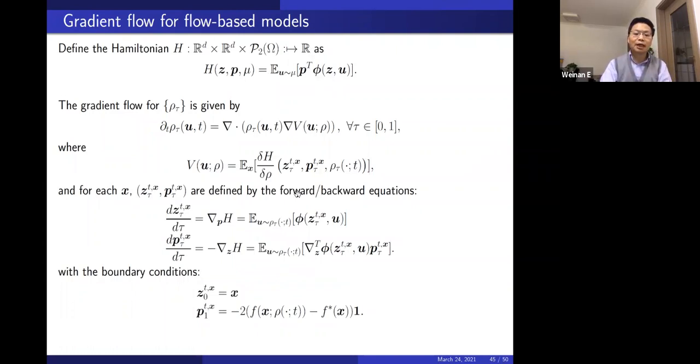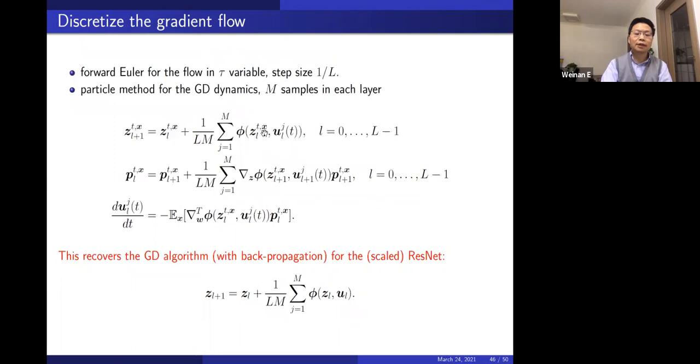Now, if we discretize these using the simplest algorithms, namely forward and backward Euler here, and then the particle method here, then you see that we recover the gradient descent dynamics with forward and backward propagation for the scaled ResNet. So it's not the usual ResNet, it's a scaled ResNet. So in that sense, it's also quite nice. Namely, we show that these popular neural network models arise very naturally from a continuous formulation.